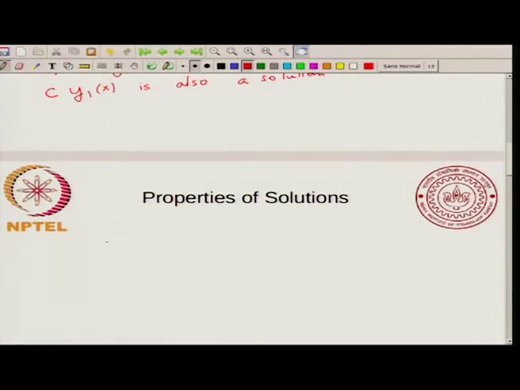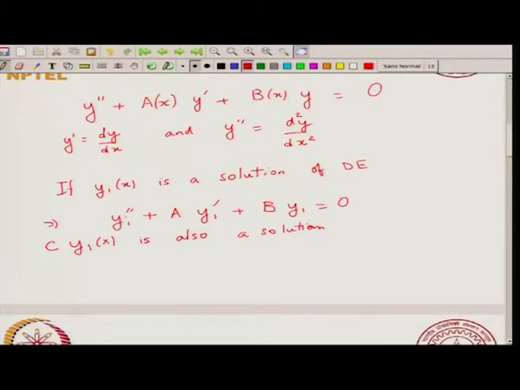Now, the derivative of c y1 is nothing but c times y1 prime, and c y1 double prime is nothing but c times y1 double prime, okay. So, if I take this differential equation and instead of y1 I replace it by c times y1, then where I have y1 double prime I will have c times y1 double prime, where I have y1 prime I will have c times y1 prime, and where I have y1 I will have c times y1, okay.